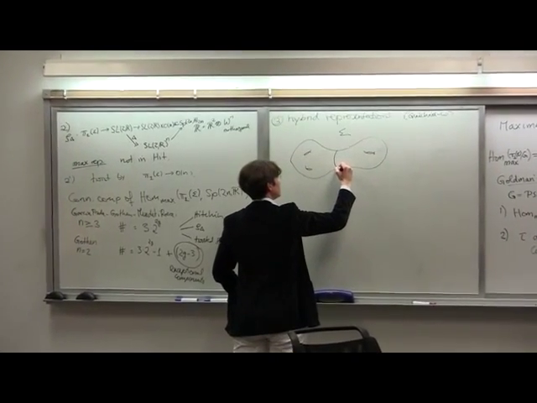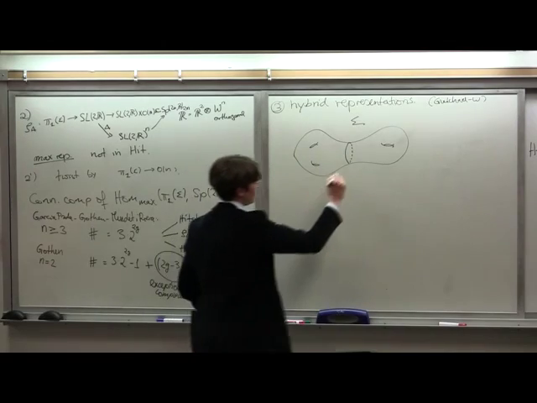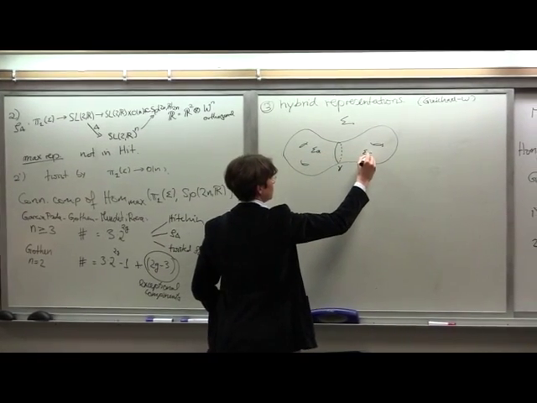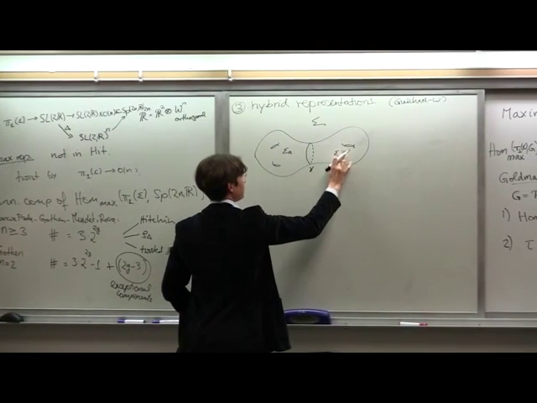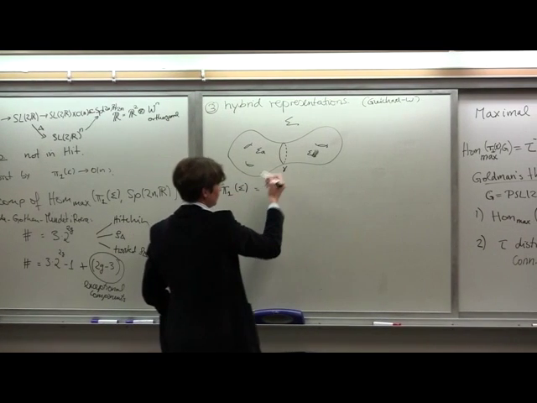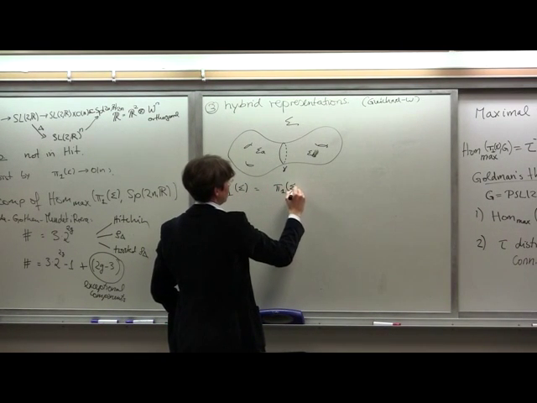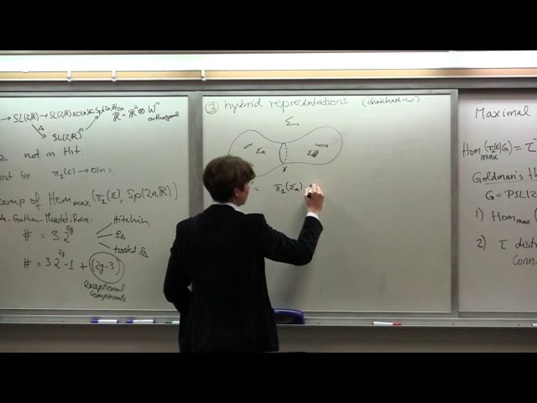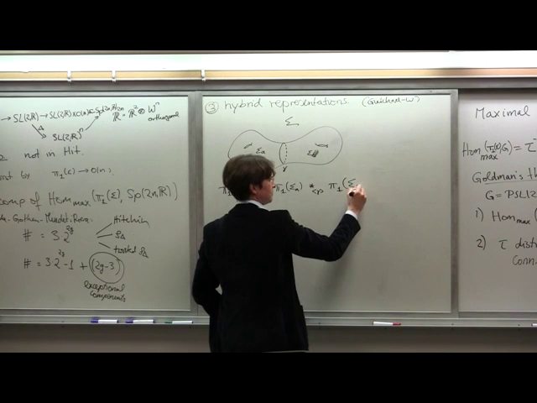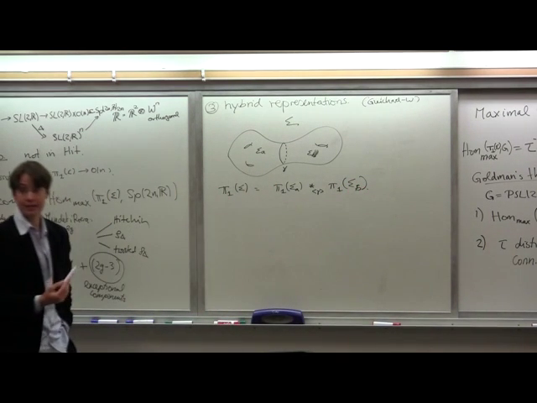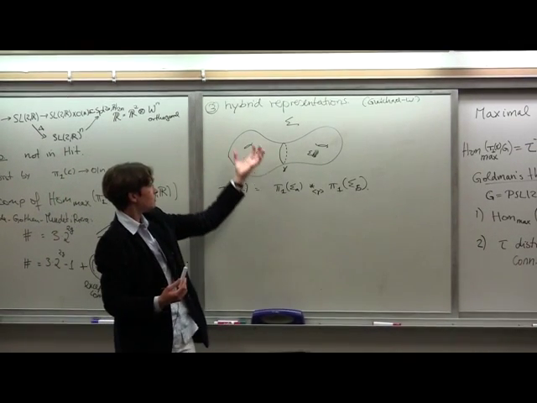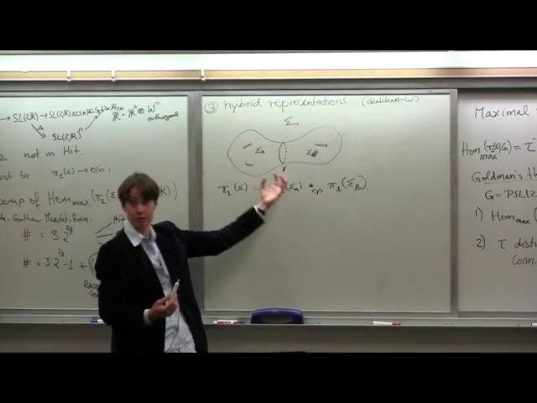If we have a simple closed separating loop gamma, which separates the surface into two subsurfaces, sigma A and sigma B, then the fundamental group of sigma can be written as the amalgamated product of the fundamental group of sigma A, amalgamated over the cyclic group generated by gamma, with the fundamental group of sigma B. So in order to write down a representation of the fundamental group of the surface, I can write down one representation on one side and one representation on the other side.